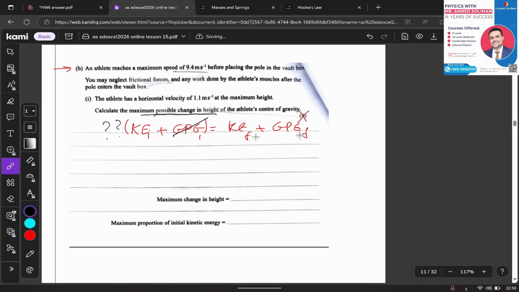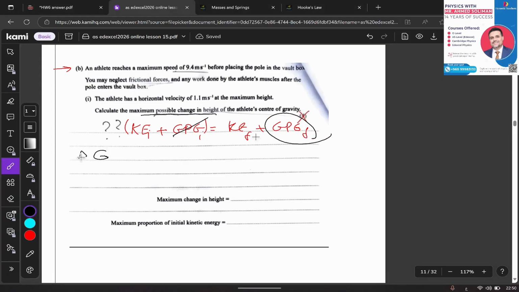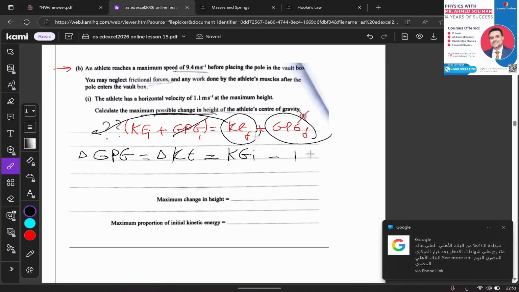So now we can write what? The height is here. So the change in gravitational potential energy is equal to the change in kinetic energy, because we can move the final to this term: KE initial minus KE final. Do you understand, Habiba?